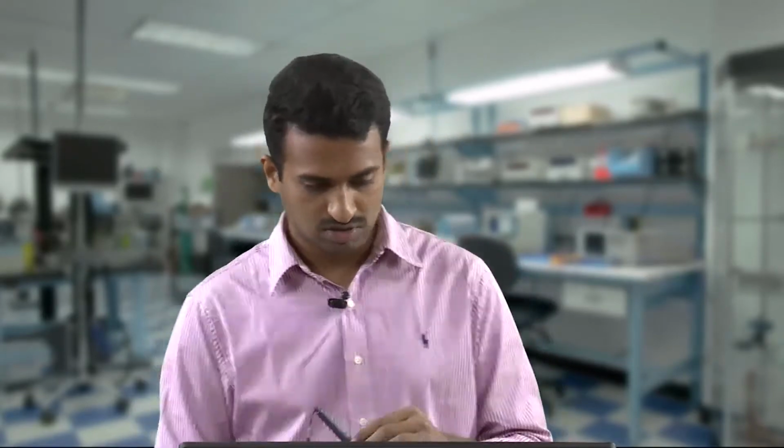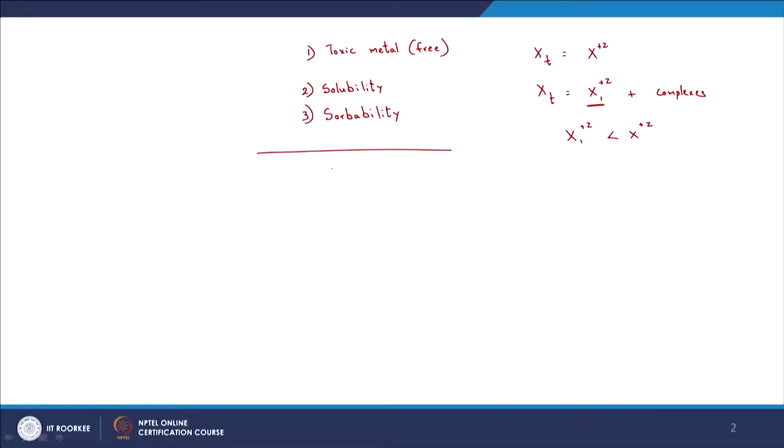And I believe we moved on to developing some intuition about the strength of the complexes. Obviously, multidentate will be stronger than monodentate.